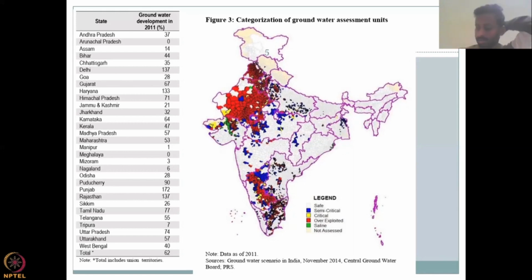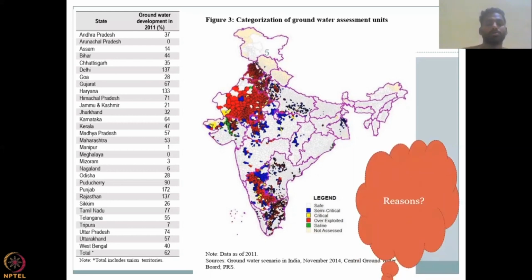But the give and take from here is there are multiple uses for groundwater. And if we don't agree to reduce it below the overexploited condition, which is below 100% of recharge, then we cannot sustain the groundwater use for a long time. So it is imperative to do this.